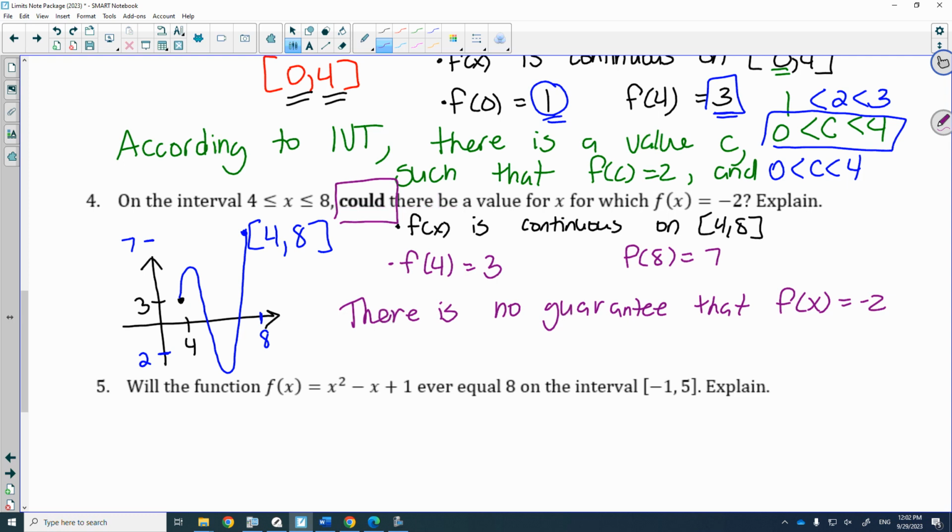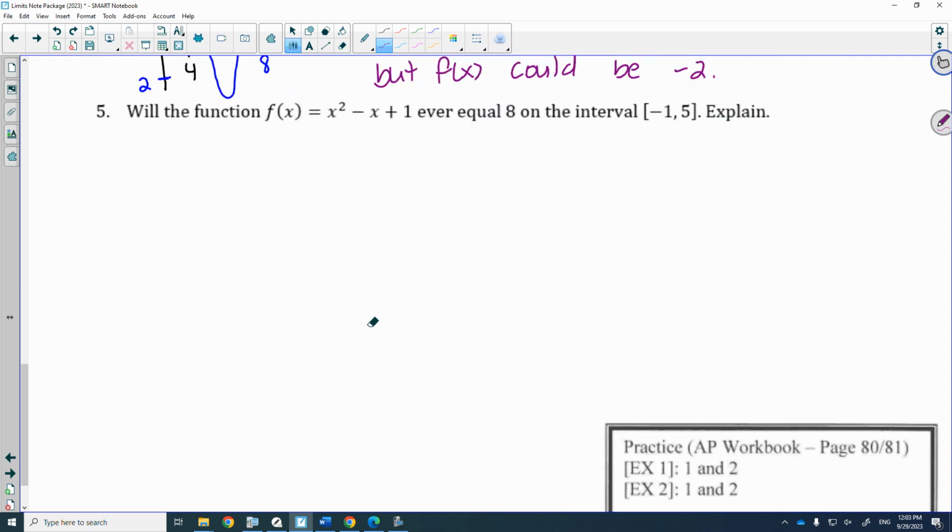There's no guarantee that f of x is equal to negative 2, but f of x could be negative 2. Right? So because I don't know what the function looks like, this is an example where it could be. So this was like, could it be? Okay, let's do this last one.